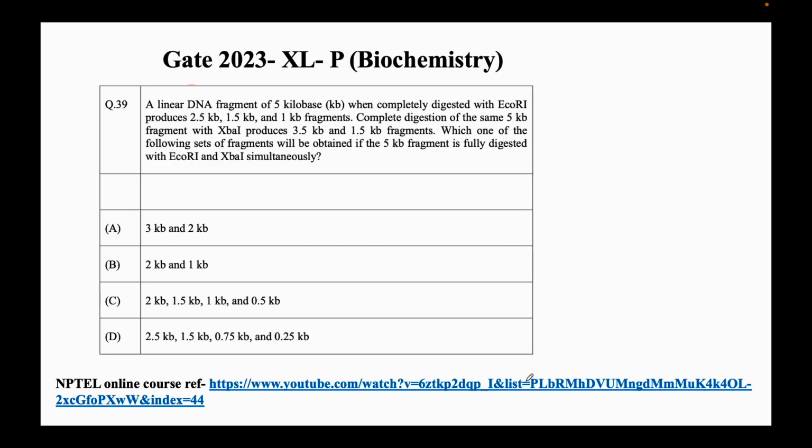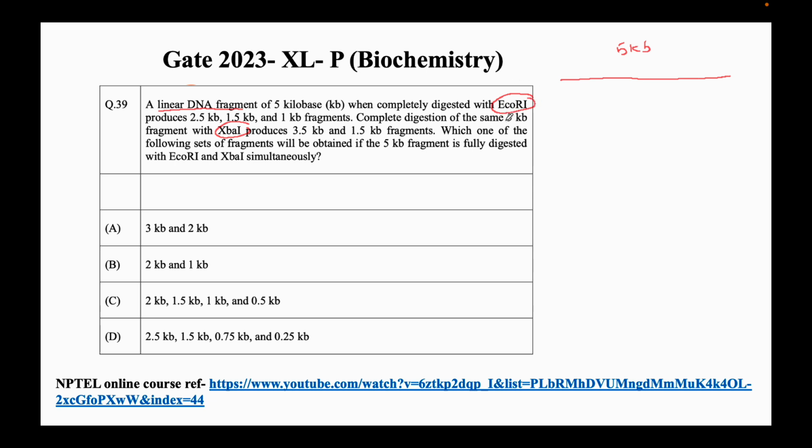Coming back to the question, they have mentioned two restriction enzymes, EcoR1 and XbaI. These two restriction enzymes are cleaving a linear DNA fragment. This is very important. The DNA fragment here is linear. Suppose this is our linear DNA fragment of 5 kb.